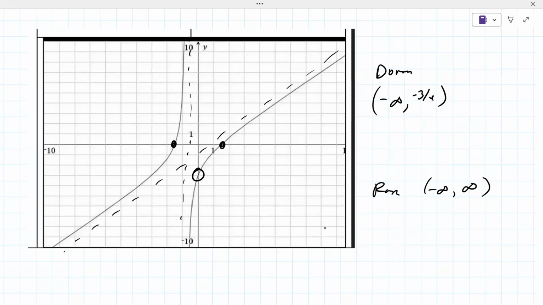No, you're in a hole. Oh yeah, there's the hole. I forgot about the hole. That's what people say when they walk into a hole. They say, I forgot about it. So then it goes from negative 3/4 to 0, union 0 to positive infinity.